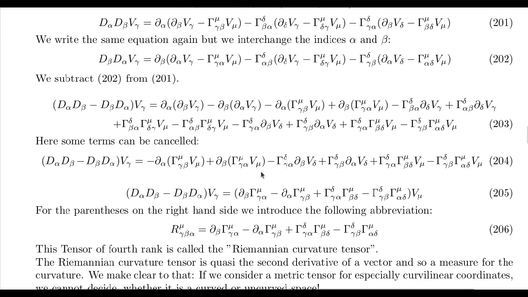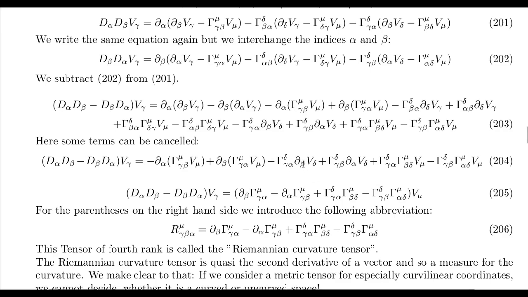Now we want to factor out V mu, the vector field. The first 2 terms we have here: this is the first one, and this is the second one in 205. And then these 2 terms can be canceled out because there is a symmetry between alpha and beta.